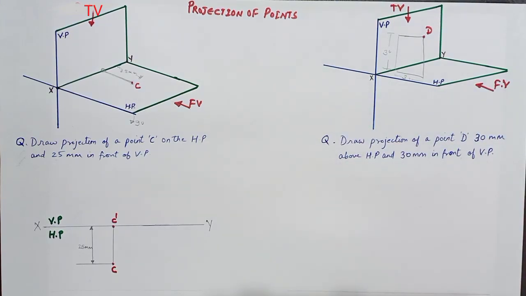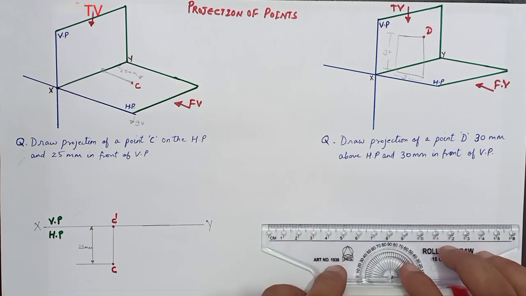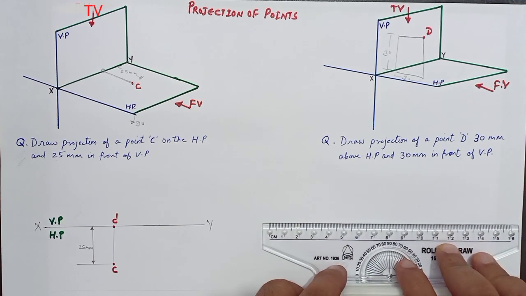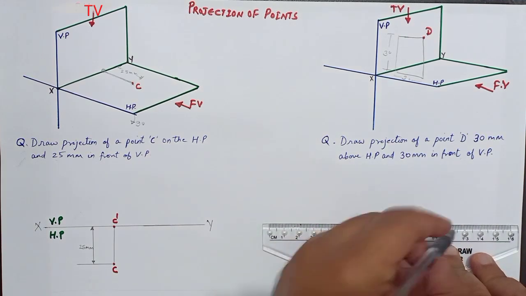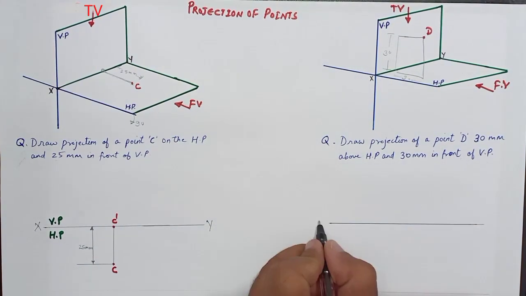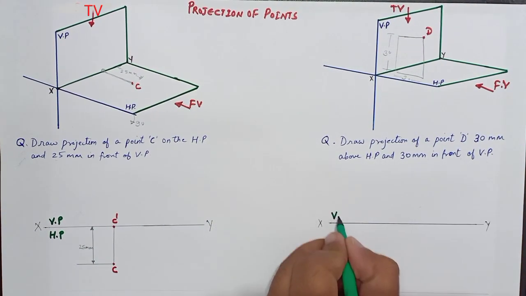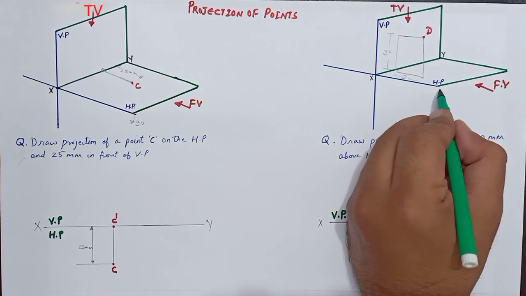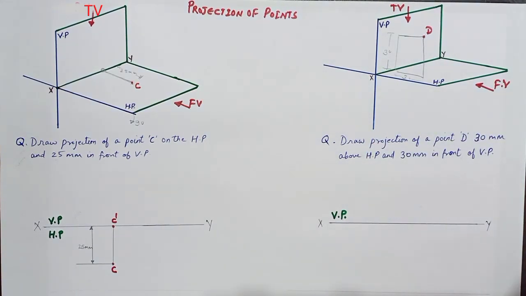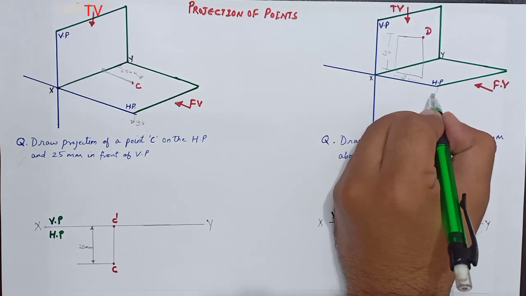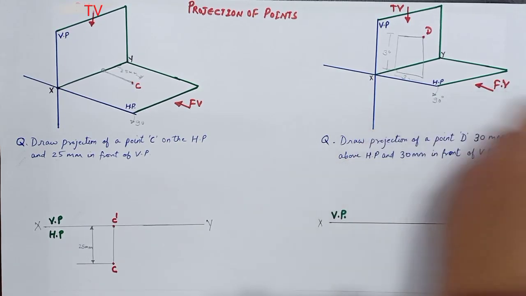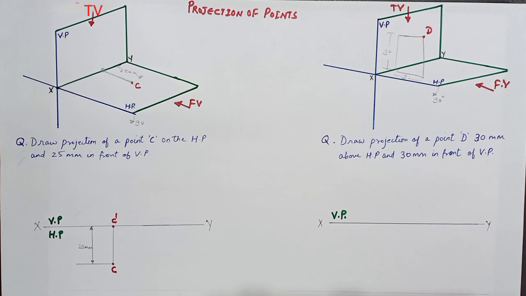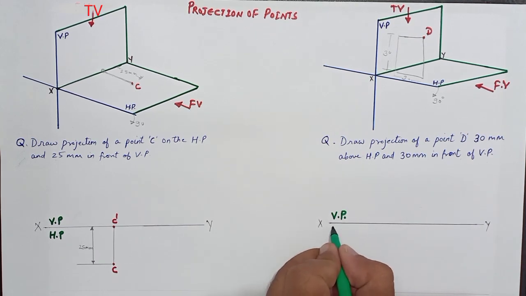So now projecting these points on orthographic view, we will first draw XY line, vertical plane above XY line, and after rotating the horizontal plane 90 degree clockwise, the horizontal plane will shift below XY line.